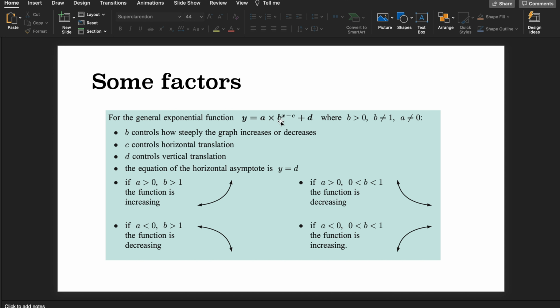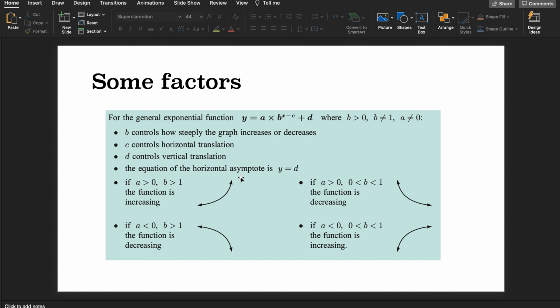So if b was 2, it would be less steep than if b was maybe 5. And then c controls the horizontal translation. Horizontal translation is left to right, and vertical translation is up and down. And then d controls the vertical translation. And then the equation of the asymptote is y equals d. So it will look as though it approaches, but it will never touch this line, y equals d.